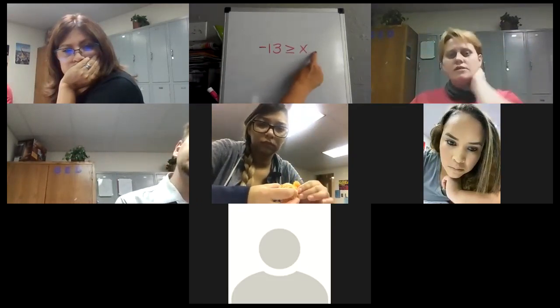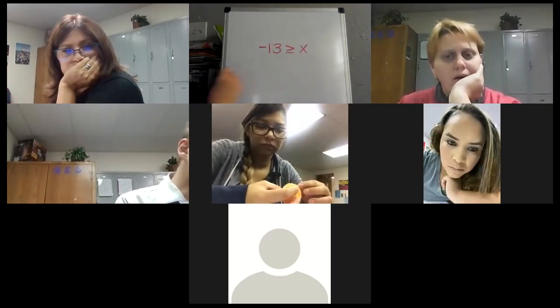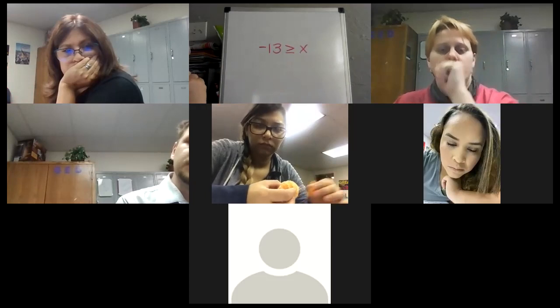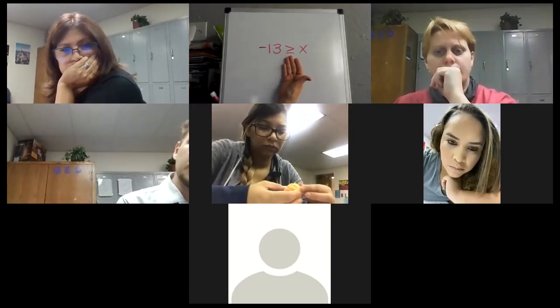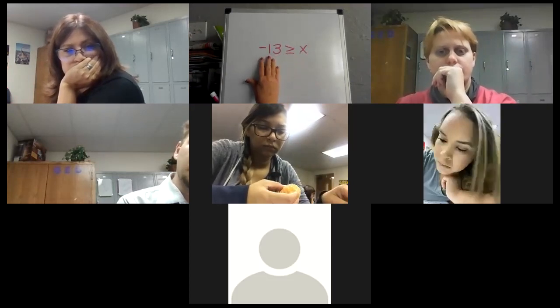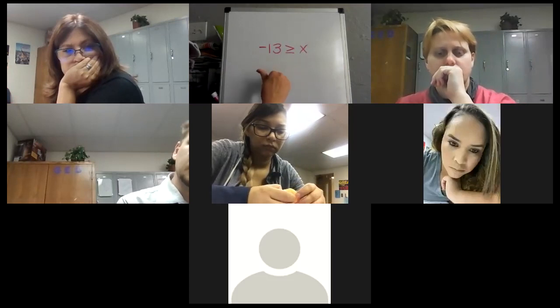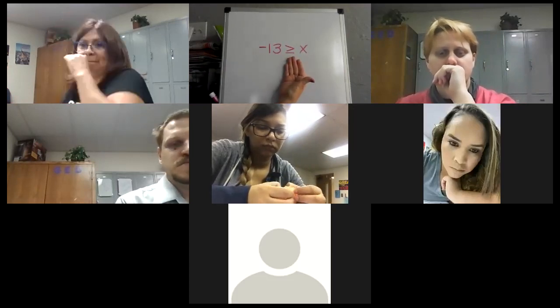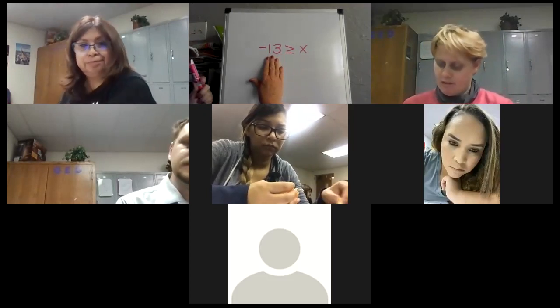So imagine that this is on a card or a piece of paper. We're not going to do anything mathematically, but what we're going to do is take the entire inequality and just flip it over so that we have the X on the other side. This is not mathematical. It's simply turning this equation over so that it looks better.